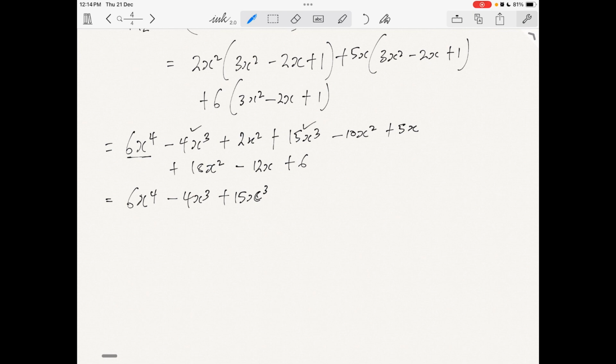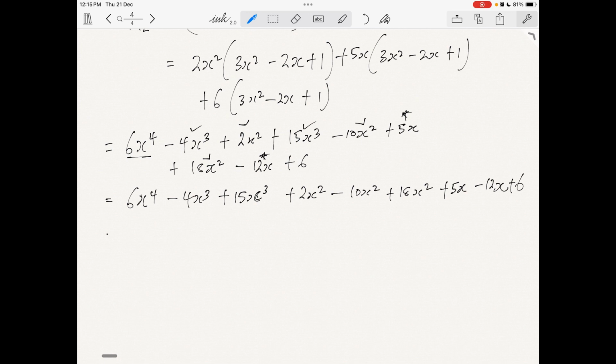We have plus 2x squared, minus 10x squared, and plus 18x squared, and then plus 5x minus 12x, and plus 6.